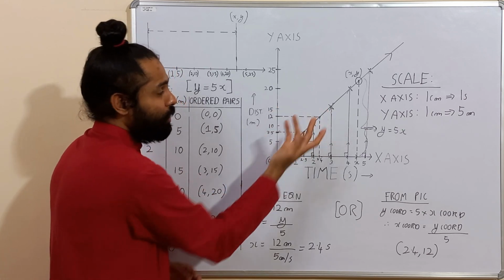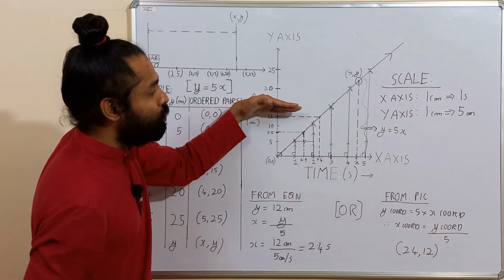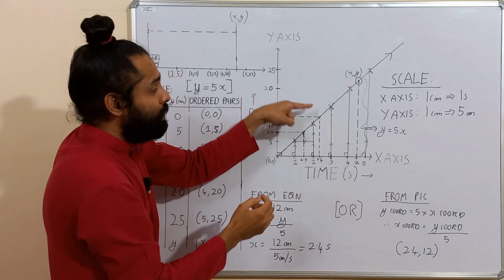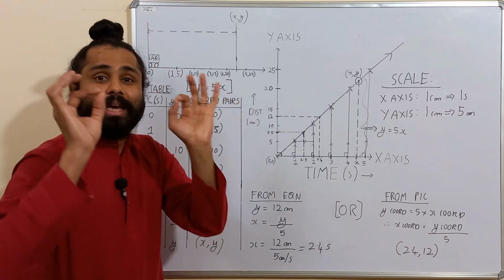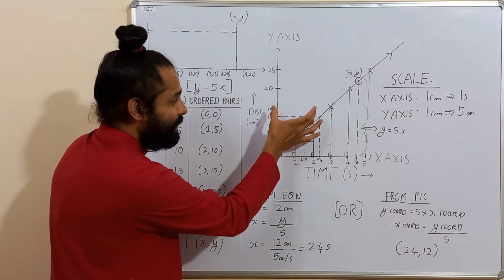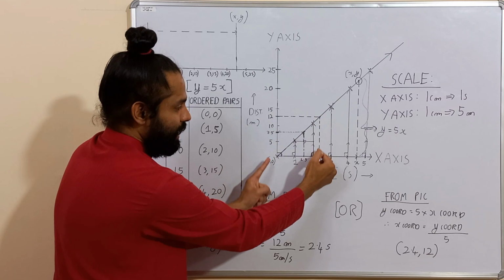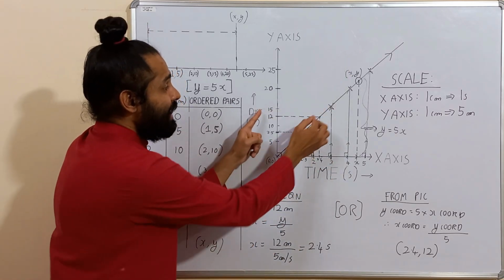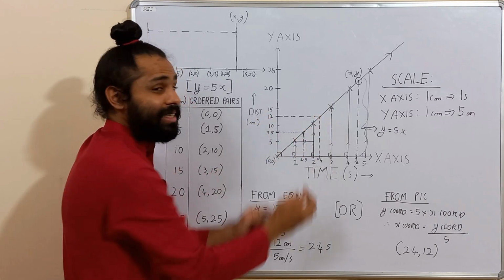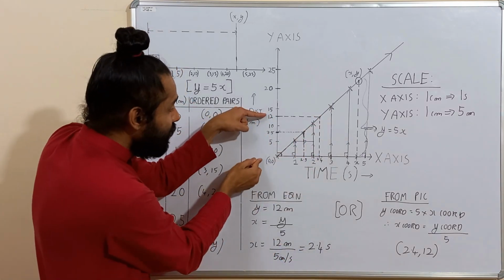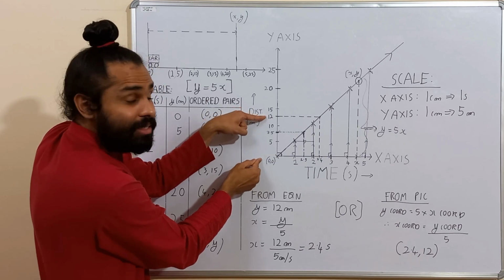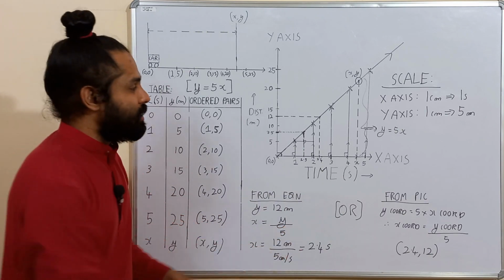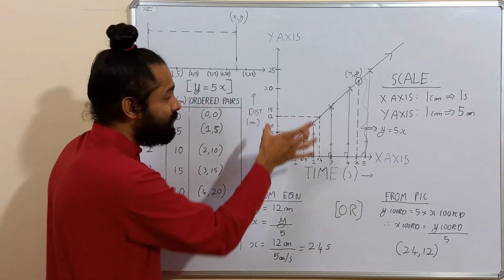The x coordinate of this point is what? How much you have to move along the x-axis to reach this point, right? Now, because this point is on this line, I can be 100% sure that this distance, which is the x coordinate of this point, will be the y coordinate of this point, which is 12 in this case, divided by 5. No questions asked.